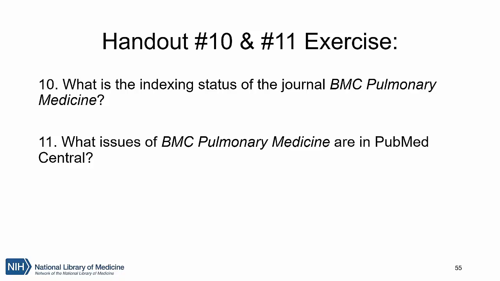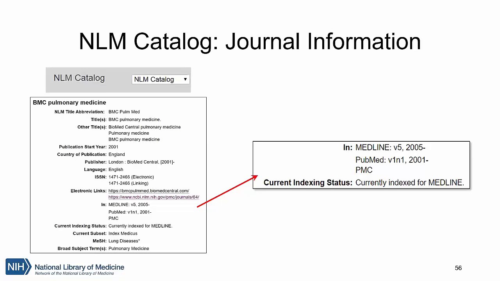Okay, let's look at the answers together. So in the NLM Catalog, click on the title for any record to learn more about that title. Journal records contain indexing information, including the dates of inclusion for MEDLINE, PubMed, and PubMed Central.